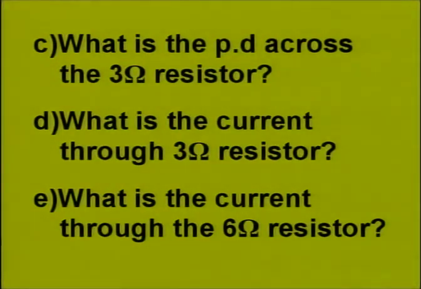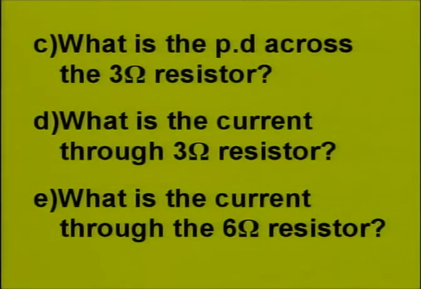And then when you calculate that, okay, the total resistance is 2. So if you want to find the current, the voltage would be I times R, so 2 times 6 will be 12.